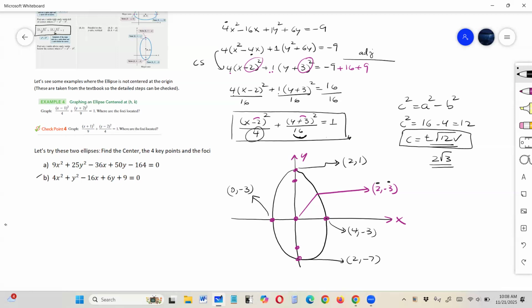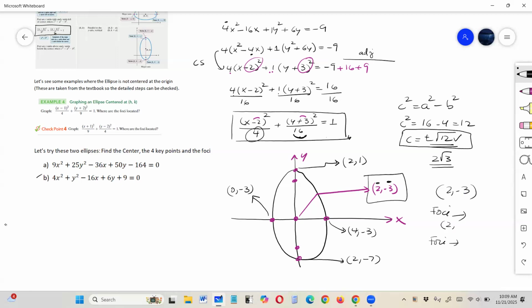Now, because this is sitting on y, it's only going to affect, here's the center again. Here's the center, right? 2, -3. And here's one focus, and here's the other. Now, I am radical 12 up or down from -3.